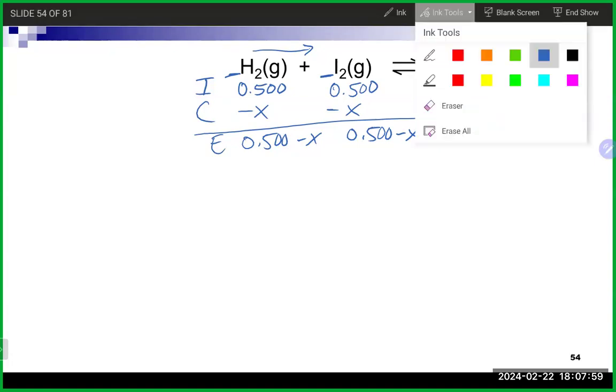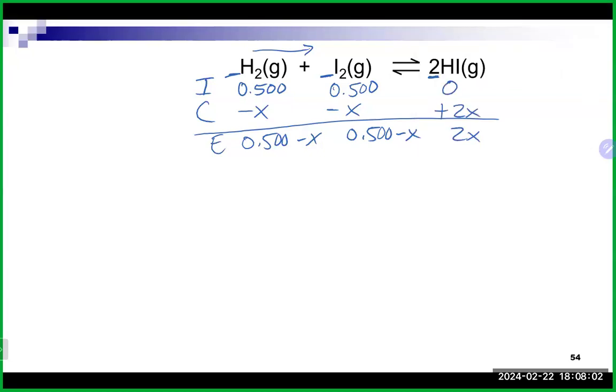Remember, at this point, the goal is really to solve for what x is equal to. So we're going to use our equilibrium expression, which once again is HI squared divided by H2 times I2, and that equals 54.3.